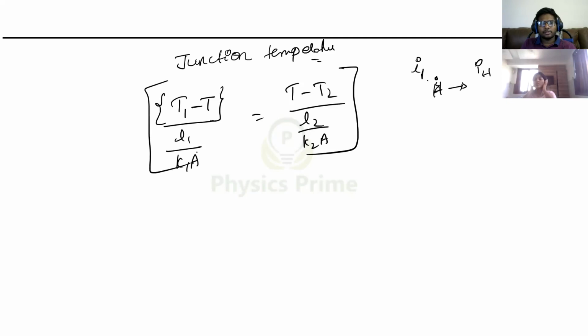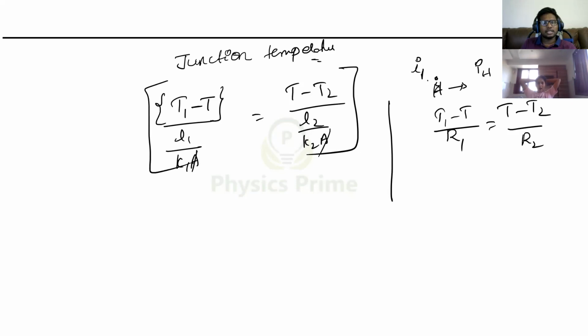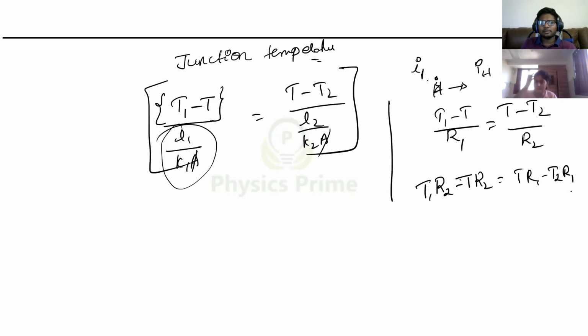Like this you can write and you can simplify. The other way, just simply T1 minus T by R1 is equal to T minus T2 by R2, right? Current will be same. Later on you can substitute L1 by K1A, L2 by K2A. Now what will I get? T1 R2 minus T R2 is equal to T R1 minus T2 R1.